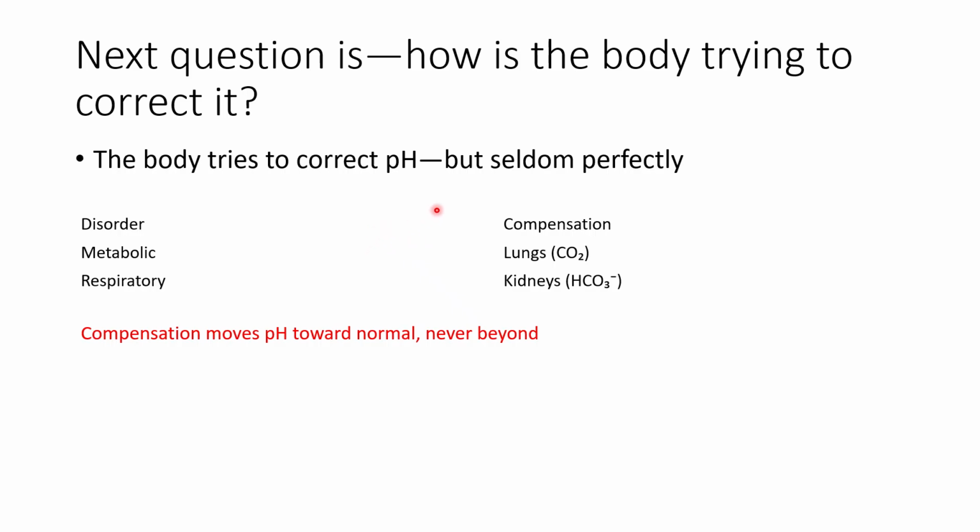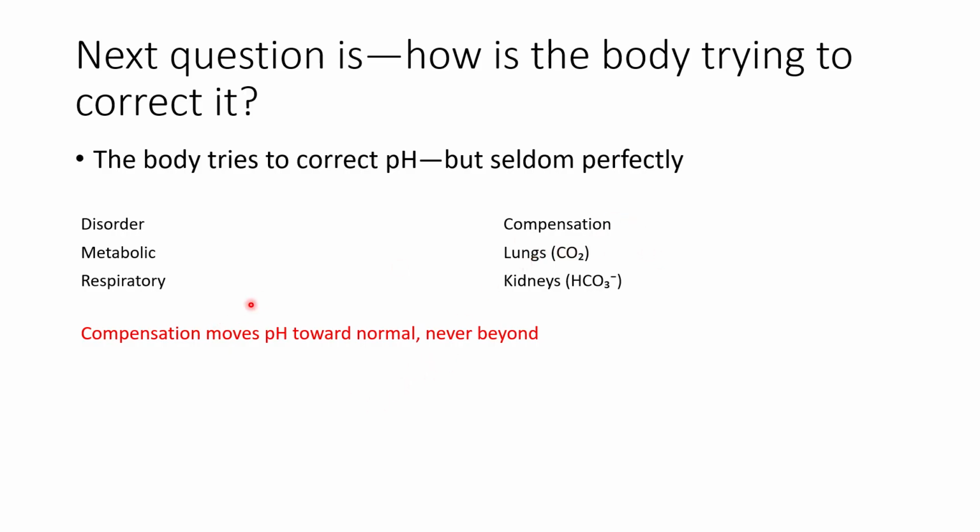So even in an ideal situation, the body is not able to correct it fully, but it reaches almost 75%. But if there is an issue with the organ that is supposed to correct it, it might fall far below. So if the issue is metabolic, that is with the kidney, then the lungs will try to compensate. If the issue is respiratory, that is the lungs, then the kidney will try to compensate.